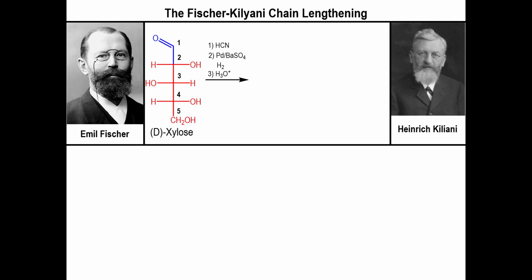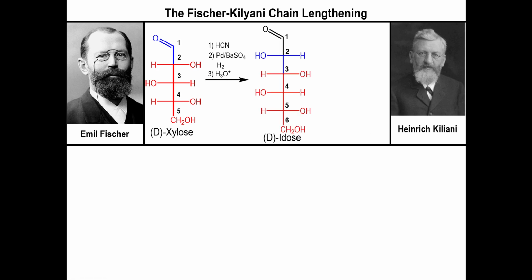So to show you an example, if you consider xylose as the initial sugar in this treatment, what they figured is that if you react this with HCN, typically in the presence of sodium cyanide to make the process go faster, follow that up by hydride reduction with poisoned palladium, basically palladium in barium sulfate, and you finish that process up by introducing aqueous acid.